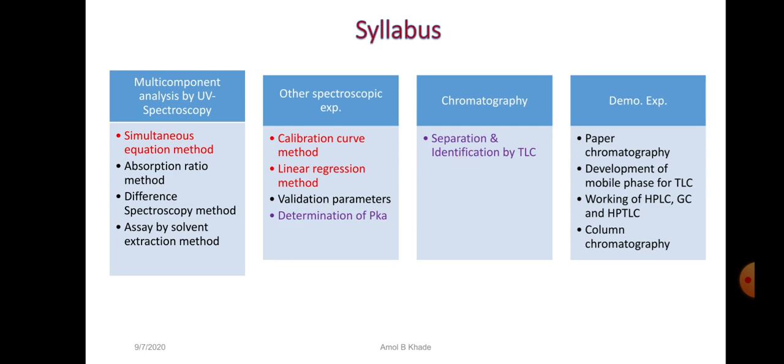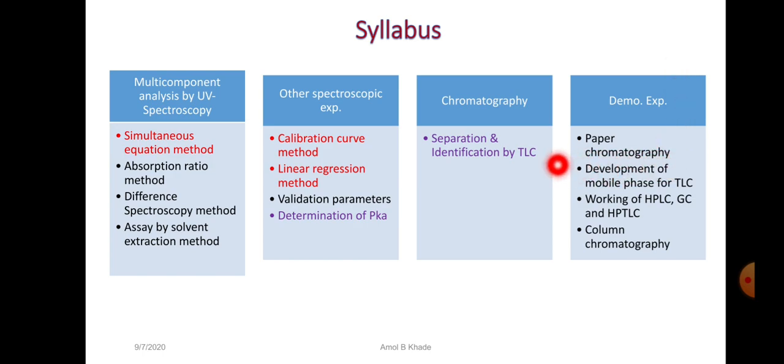Of course, the examiner has discretion to ask other experiments also. Usually along with this, the examiner asks the difference spectroscopy or the absorption ratio method as the major experiment.